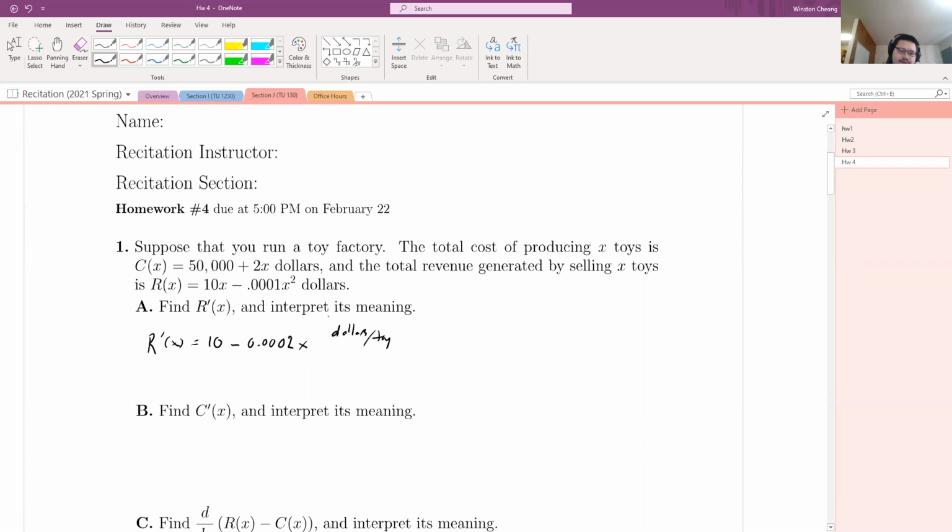Okay. Now, as for interpreting the meaning, I kind of had to guess what is actually being sought after here. So in words, R prime is the rate of change of revenue. So I would write that: rate of change of revenue is this quantity.